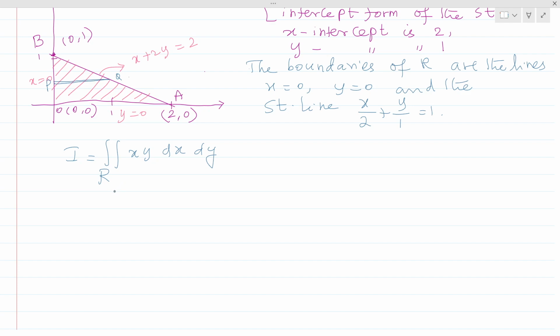So when we perform the inner integration with respect to x, we have to treat y as a constant temporarily, and first we have to fix the limits for x, then we can fix the limits for y. So geometrically, treating y as a constant is equivalent to drawing a parallel line to x-axis arbitrarily.